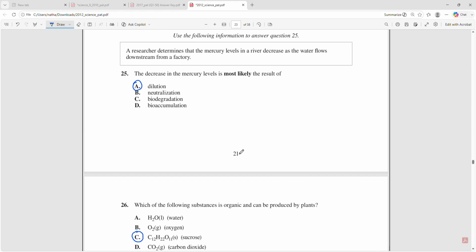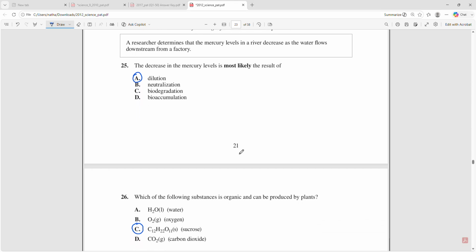Okay, use the following information to answer question 25. A researcher determines that the mercury levels in a river decrease as the water flows downstream from a factory. The decrease in the mercury levels is most likely a result of dilution. So dilution is, how could I explain that?